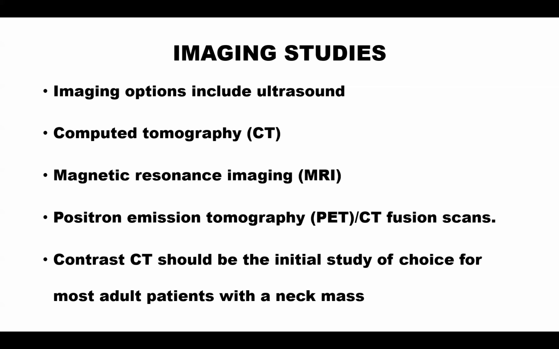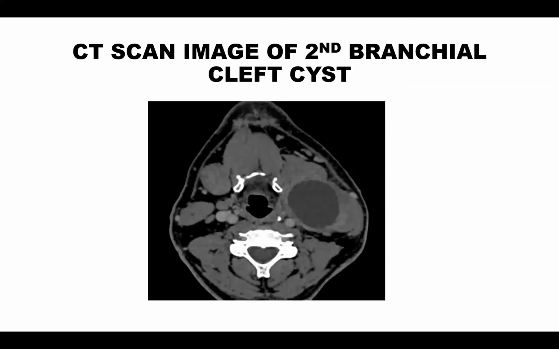Contrast CT should be the initial study of choice for most adult patients with a neck mass, though that's more for malignancies, but also infective causes. Now, this is a CT scan of a patient that has second branchial cleft cysts. You can see the hypodense lesion. Well, I think this should be with contrast, with ring enhancement, a well circumscribed lesion there.